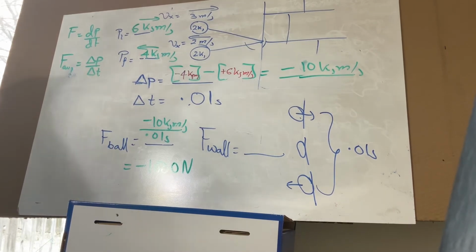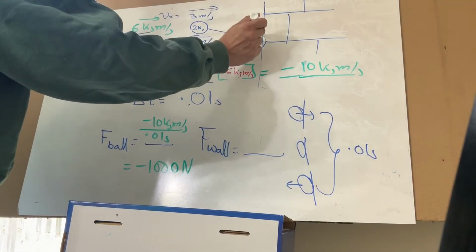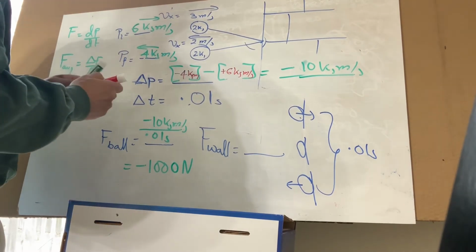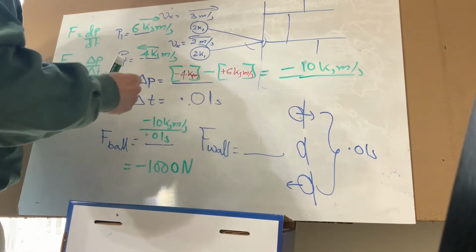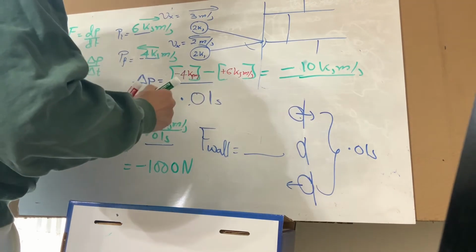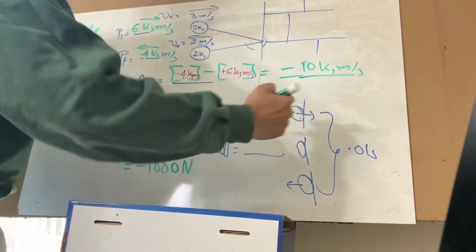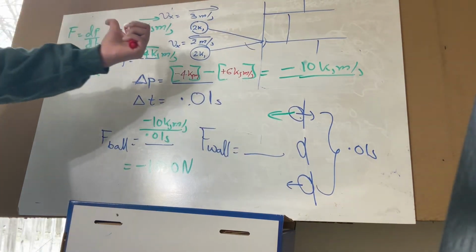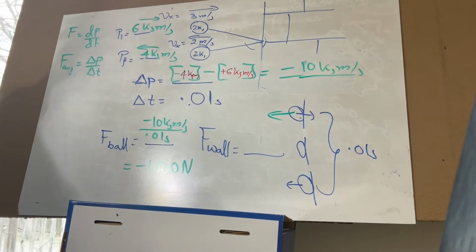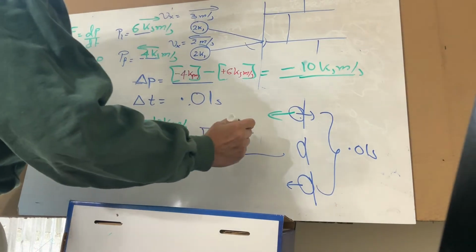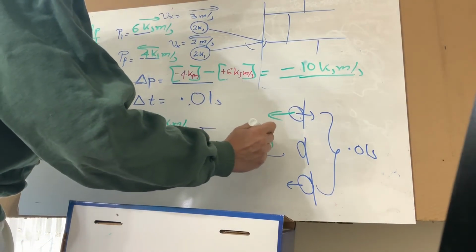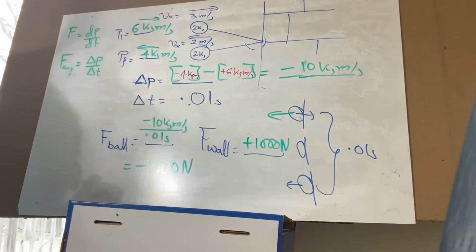And so that makes sense, because when the ball hits the wall, the wall will push the ball that way, right? In the negative direction, in that direction. So that's minus 1,000. By Newton's third law, the force on the wall will be plus 1,000 newtons.